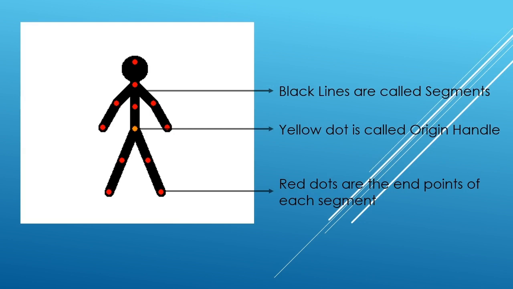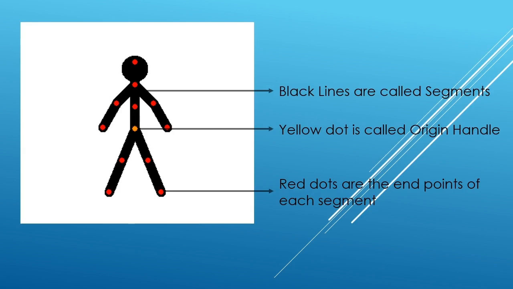So what are the different sections that you see on the screen? The black lines with a circle are known as segments. There are hands, legs, vertebrae or the spinal cord, along with the head of the stickman. Other than that, there are multiple red dots that you are seeing on the screen. Now what are these red dots?